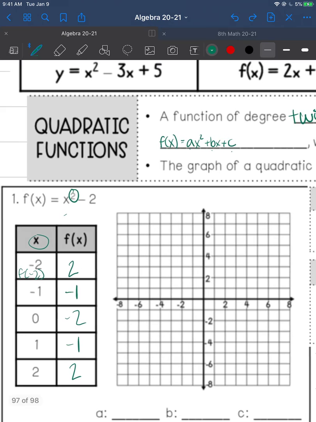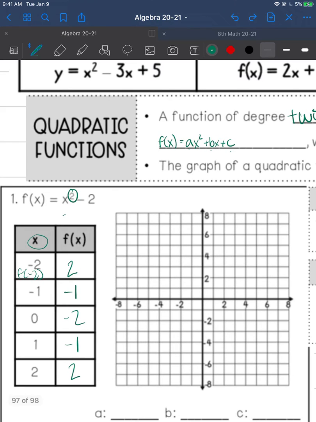So we have negative 2, positive 2, negative 1, 0, negative 2. I'm horrible at drawing, but it looks something like that.